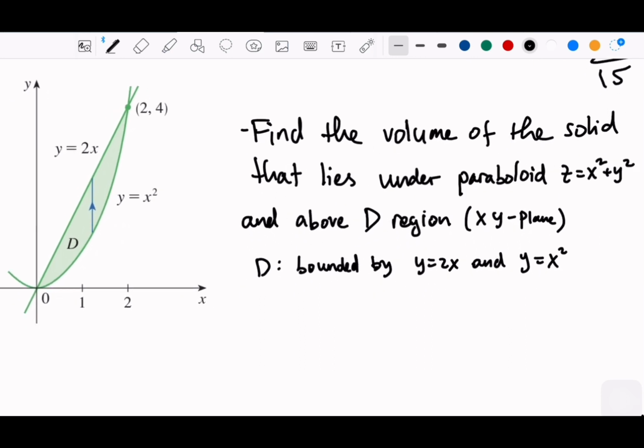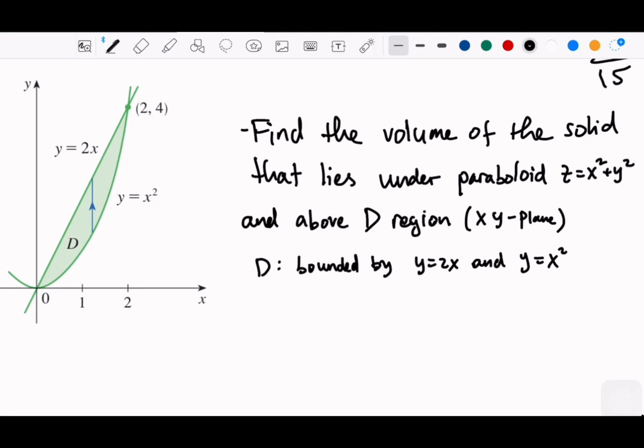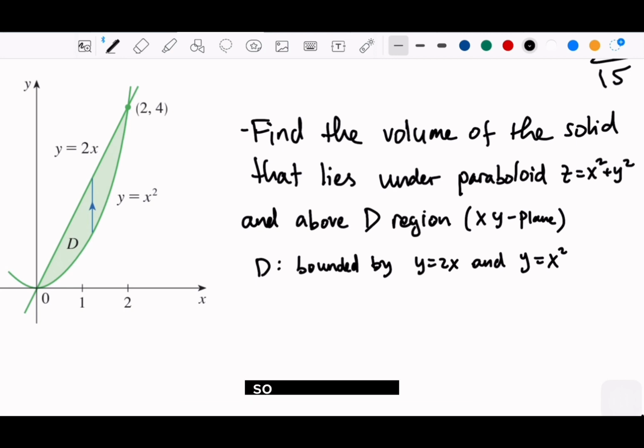Okay. So what's interesting on this part is, as we did previously, we can take this 2x and x squared as our top and bottom equations. So that will be our dA, so our dy dx.